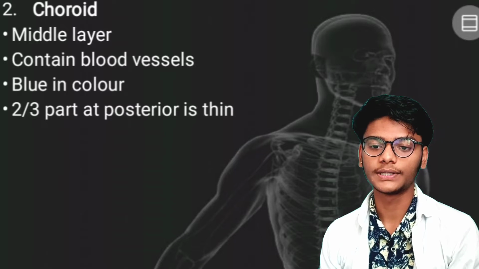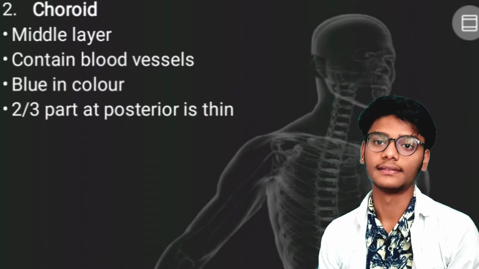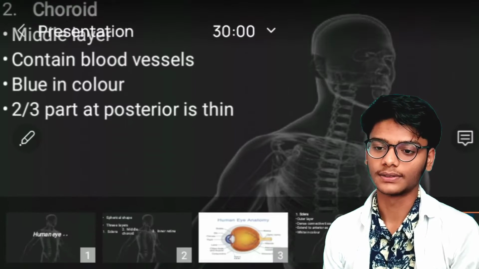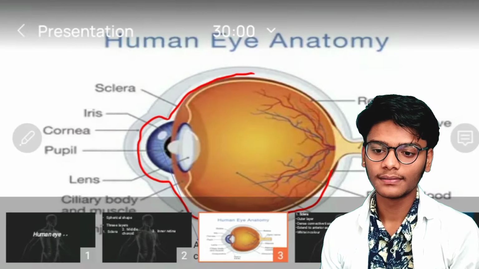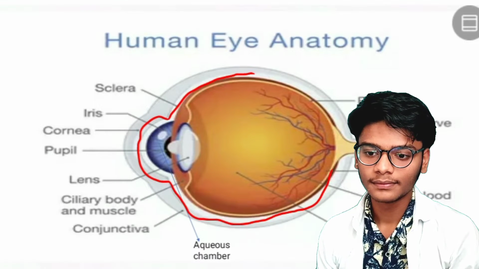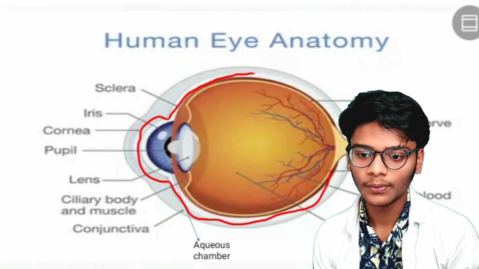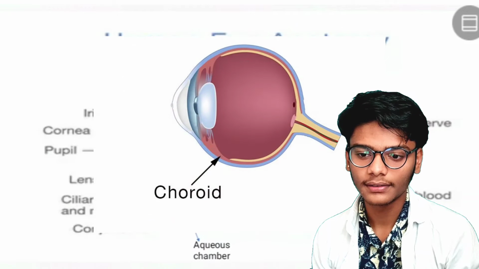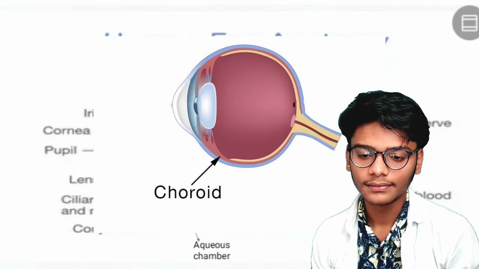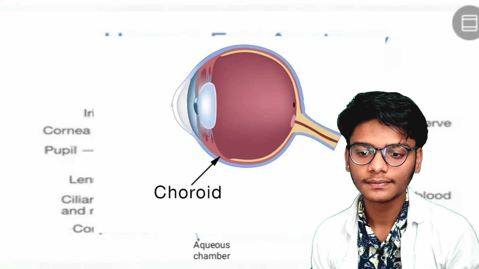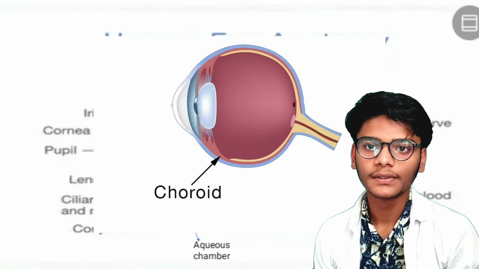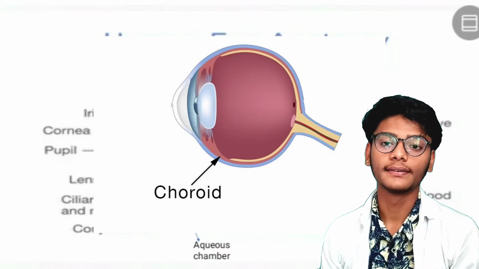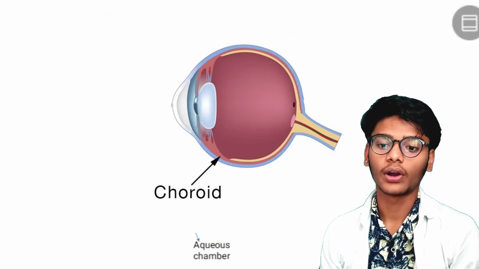Two-thirds of the part at the posterior is thin. You can see here, this is the choroid region.